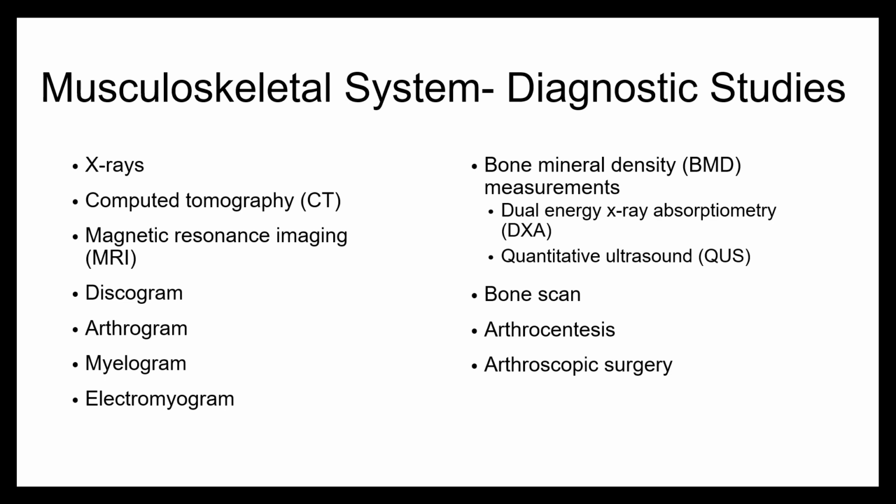A bone scan is another test that we can do, involving the injection of a radioisotope to detect different types of bone cancer. Bone scans can be done to detect osteomyelitis, which is an infection in the bone. And we can even use bone scans to detect certain fractures.